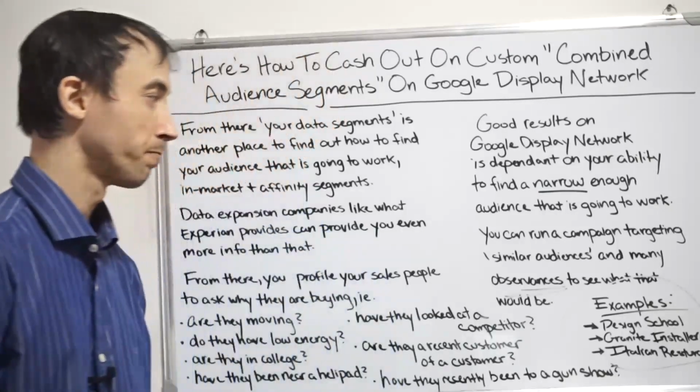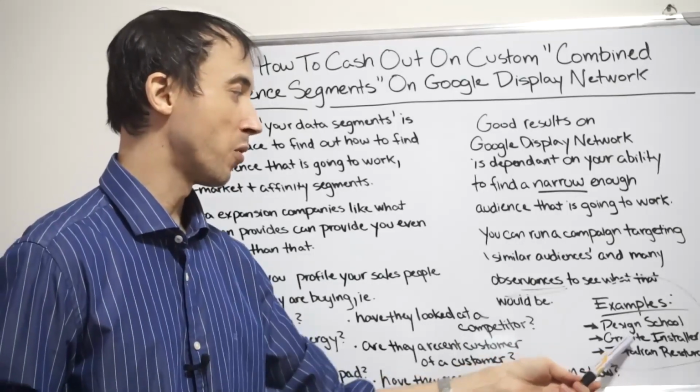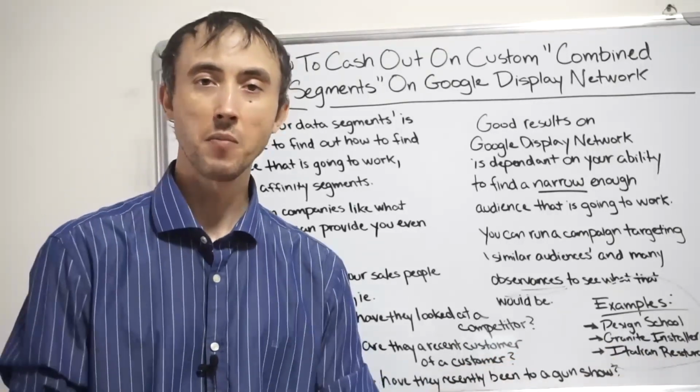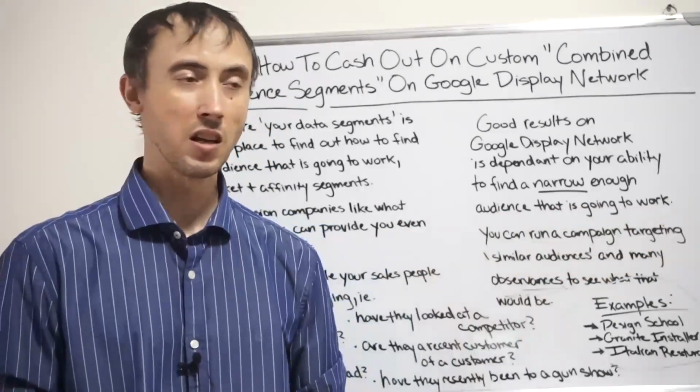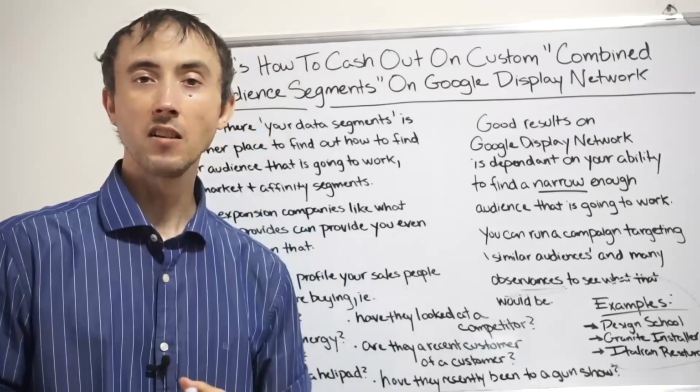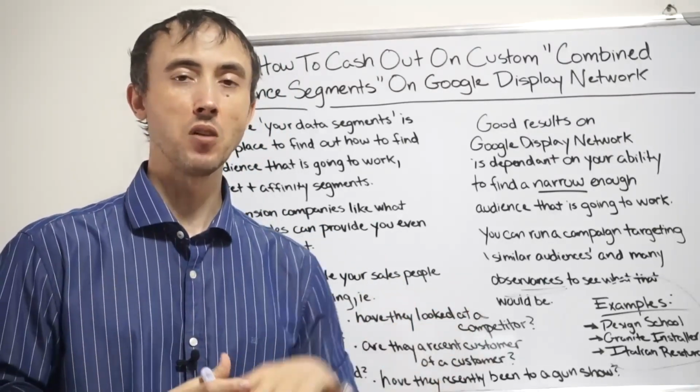Another example, I've talked about this on the channel already, was for a granite countertop installer. So, you know, granite countertops, everybody knows those already, or should. With that, it makes sense to target people who are looking for granite countertops on Google.